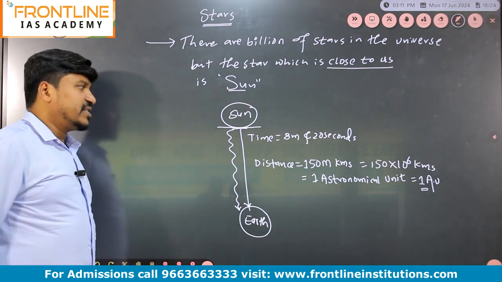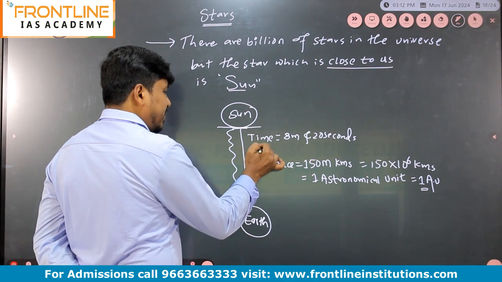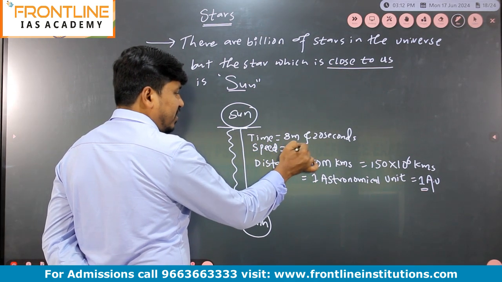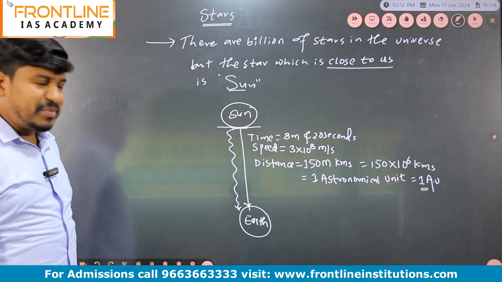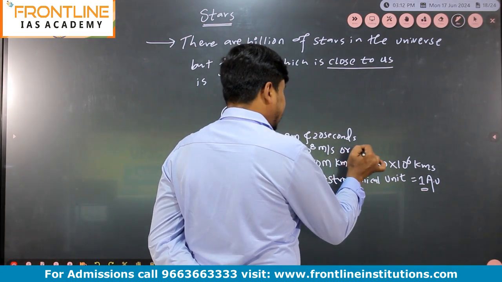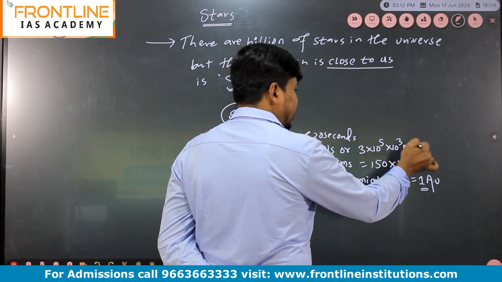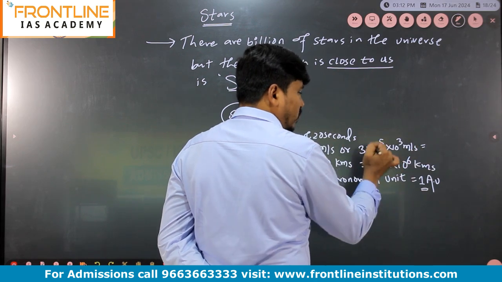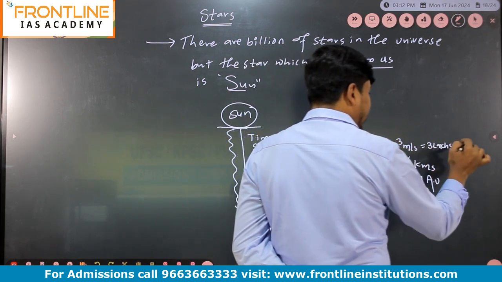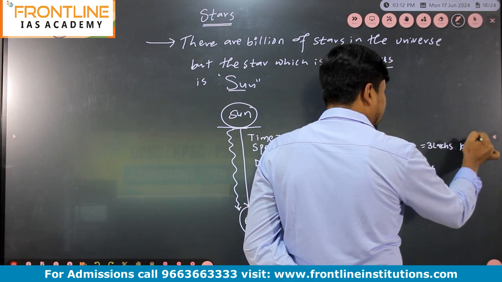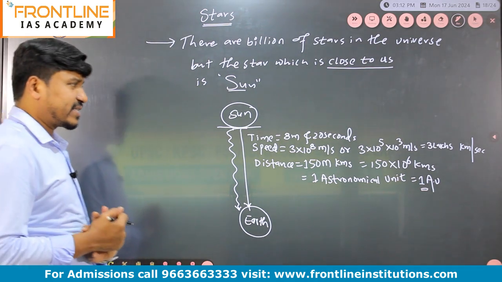Light travels with a speed of 3 into 10 to the power of 8 meters per second, which can be written as 3 into 10 to the power of 5 into 10 to the power of 3 meters per second. 3 into 10 to the power of 5 is 3 lakhs, and 10 to the power of 3 meters is a kilometer. So it is 3 lakhs kilometers per second.